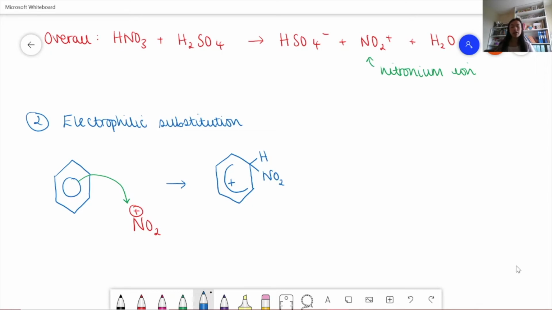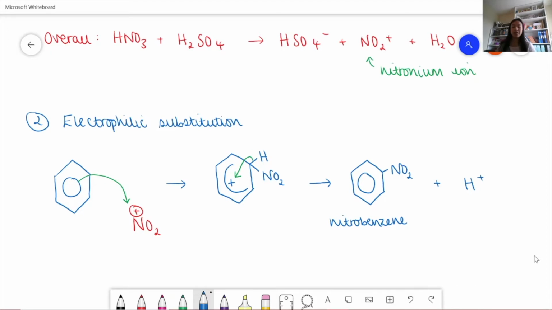And remember that in order for us to fix the delocalized structure, the carbon needs to lose a H+. And so the electrons from this bond move towards the positive charge. And so what we form is benzene, but now attached to an NO2. And so this is nitrobenzene. And we also form the H+. And again, this is an electrophilic substitution reaction.